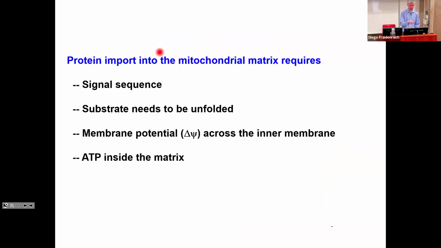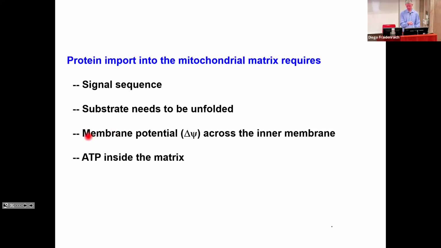Okay, so what you need for the protein import into the matrix, like I said, the default pathway: you need a signal sequence. The protein in the cytosol needs to be unfolded, which requires heat shock proteins and ATP. And this was just in the previous slide.